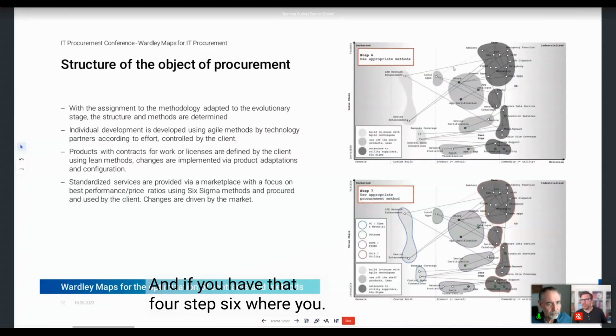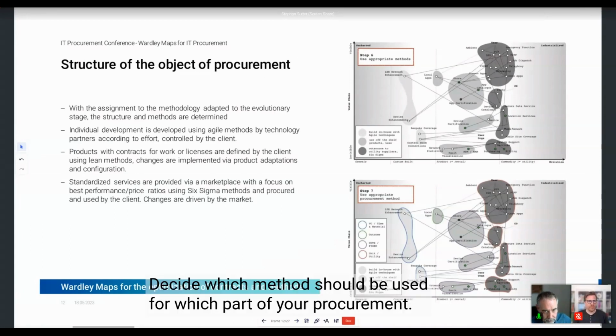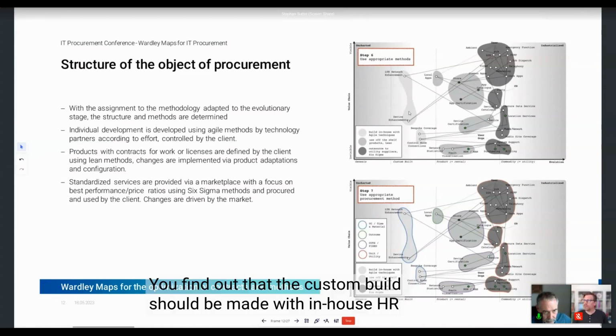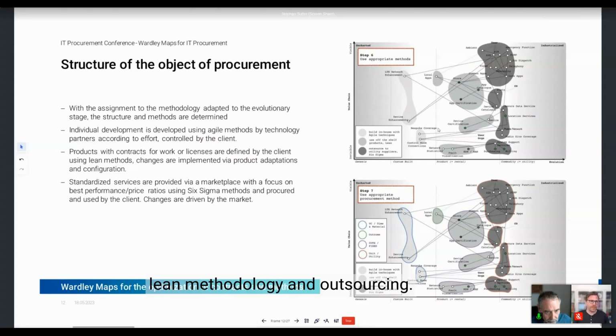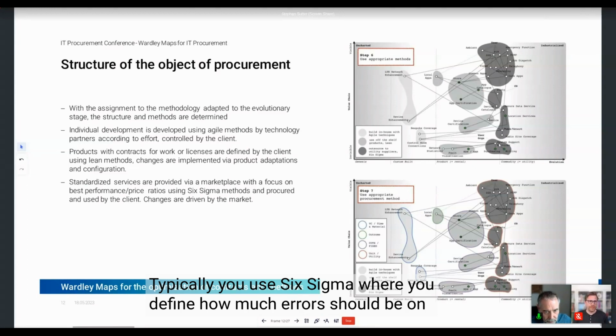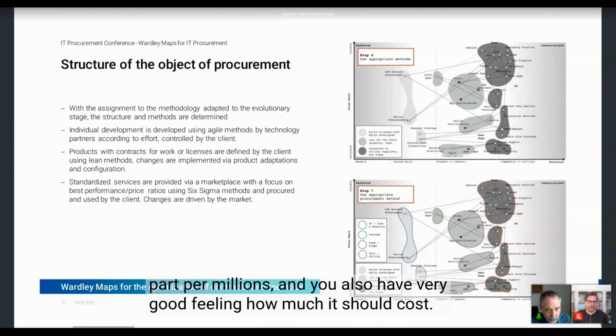And if you have that for step 6, where you decide which method should be used for which part of your procurement, you find out that the custom build should be made with in-house agile techniques, and in the middle you can use product off the shelf with lean methodology, and for the outsourcing, typically you use Six Sigma, where you define how many errors are allowed in parts per million, and you also have a very good feeling how much it would cost.